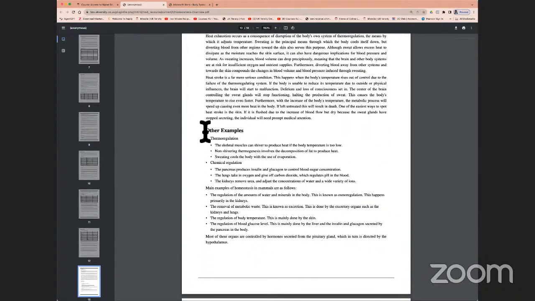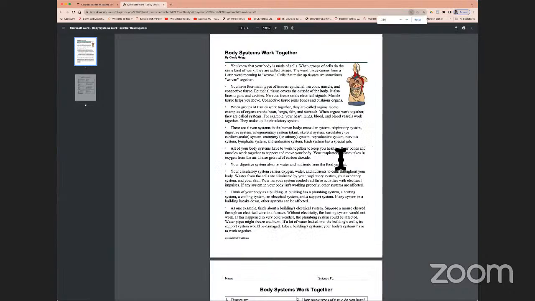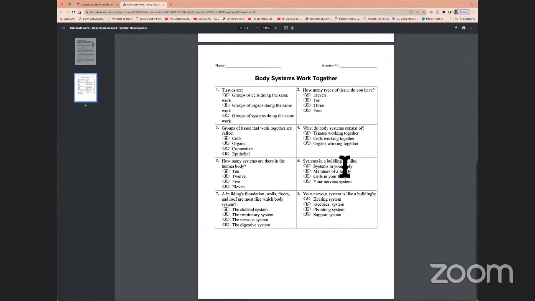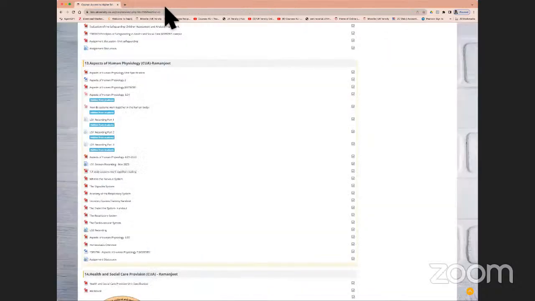So these are things that you need to be aware of, and these articles would be a very good summary for understanding how the human body systems work, and their role in maintaining the internal body environment, which is the process of homeostasis.